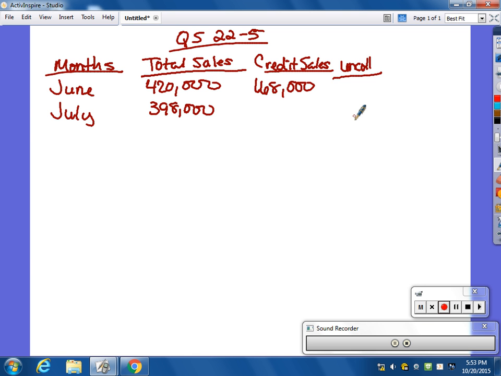And how much of that was collected for credit? 168,000 is 40%. That is going to be broken up into three months. 20% is collected in the present month of June, which was of the credit sales. So June times 20% was 33,600, which is what Karina was saying.